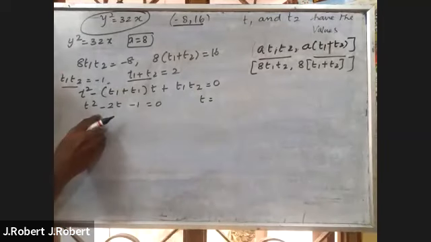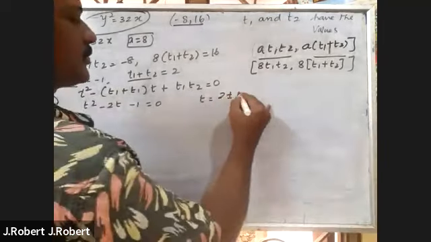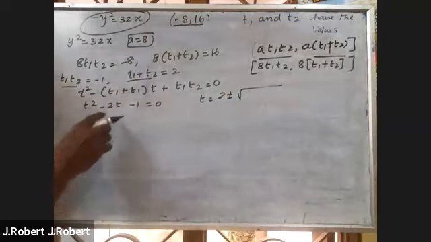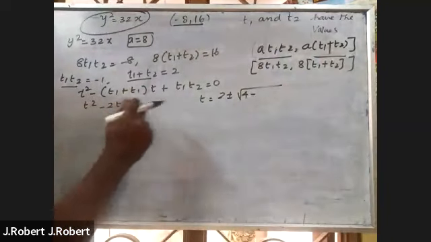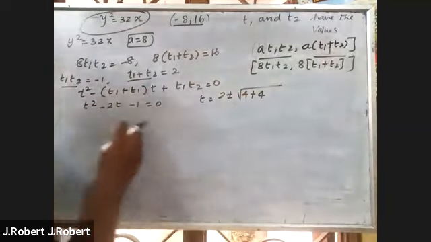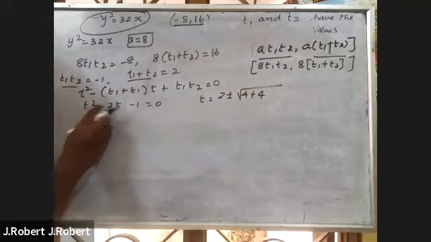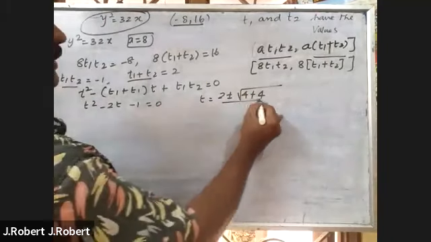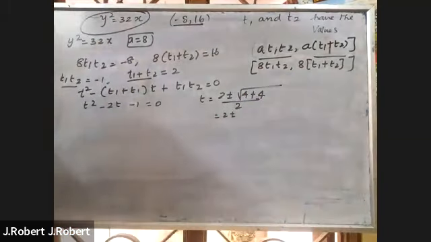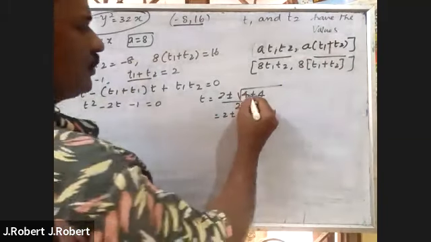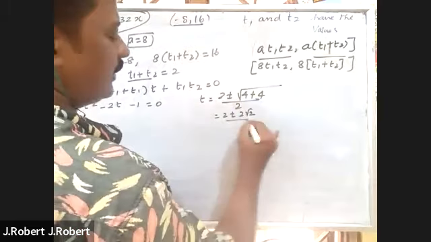T is equal to minus b plus or minus the square root of b square minus 4ac. Here b is minus 2, so b square is 4, and minus 4ac, with a as 1 and c as minus 1, is plus 4. Am I right? So 2 plus or minus the square root of 8, which is 2 root 2, divided by 2.